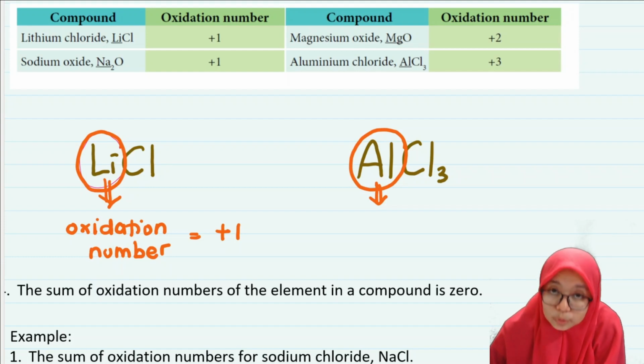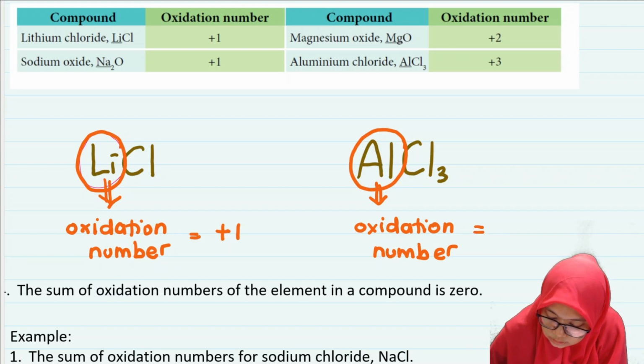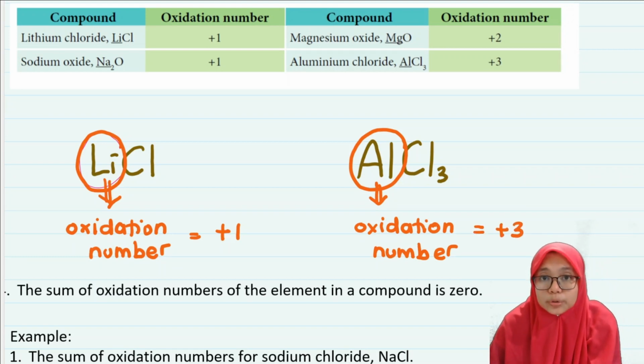Okay, it is in group 13, so the oxidation number for aluminium will be positive 3. So it's actually followed by the group that the element is in.